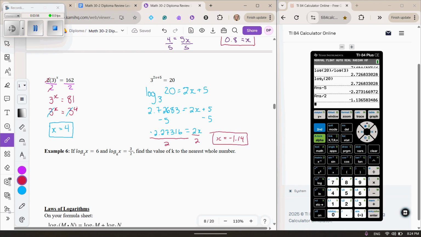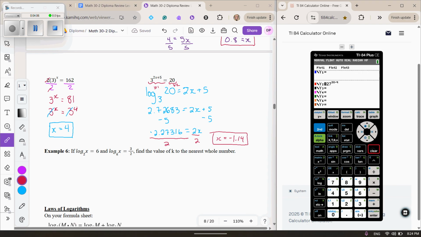And then just a reminder how to solve it graphically again. You're going to put the left-hand side in for y1, the right-hand side in for y2. I know I'm going to have to adjust my y max to be 20 because I have y2 as 20.